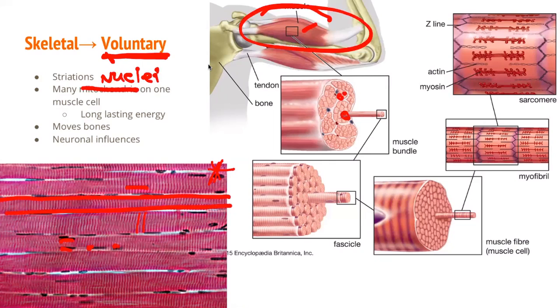Inside one fascicle, you have a lot of these muscle fibers. These are your muscle fibers, your muscle cells. And within these muscle fibers, you'll have myofibrils. And then on your myofibril, you're going to have the sarcomere, which is the unit of contraction.